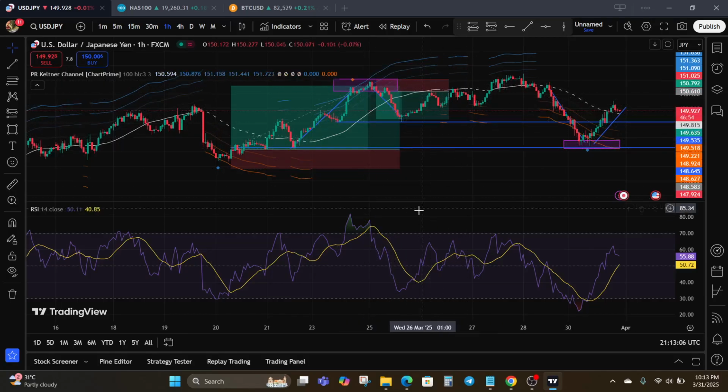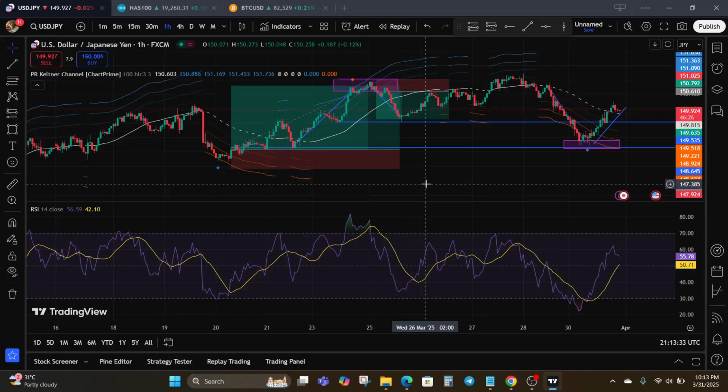When you have multiple confirmations, when you have confluences, there is a higher chance of that signal playing out. So the more confluence you have, the higher the chance of success. When you combine with RSI, MACD, or any other valid indicator of your choice, that can strengthen your trade setups.